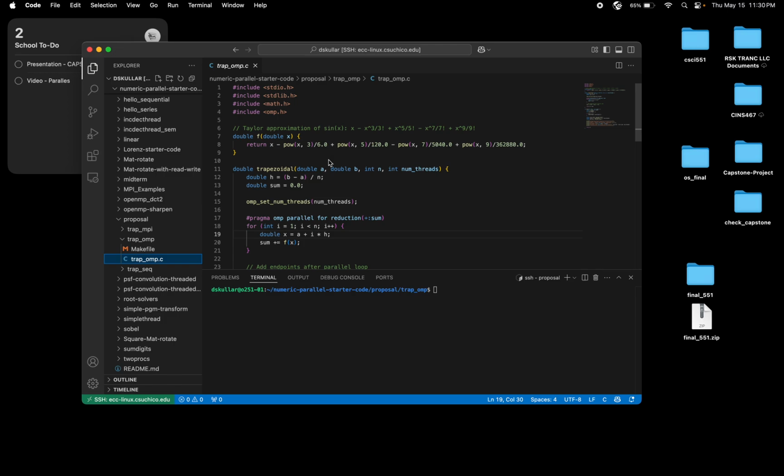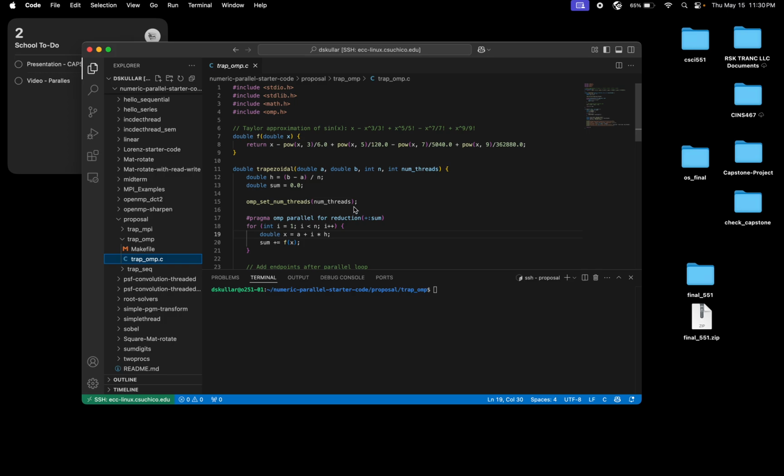However, instead of dividing the work among processes, we divide the loop integration among threads using OpenMP. I might have accidentally said threads on the MPI version, but I meant to say processes when we were doing the 1, 2, 4, and 8.